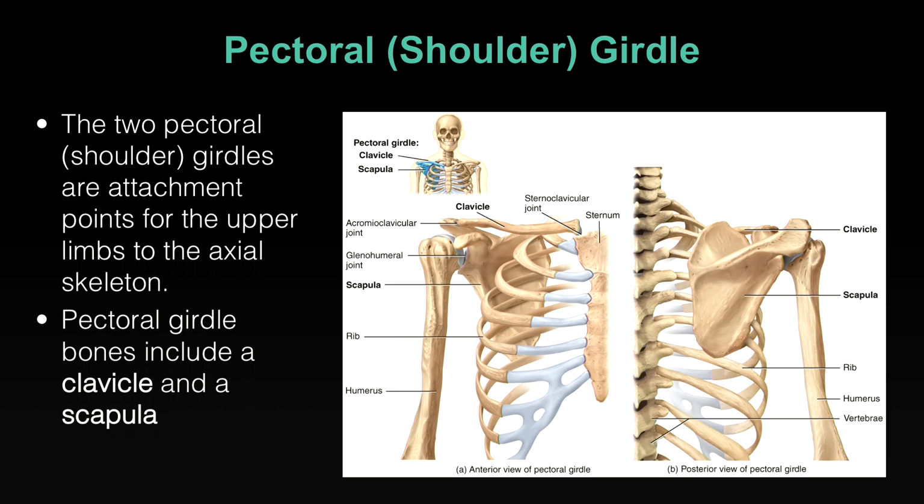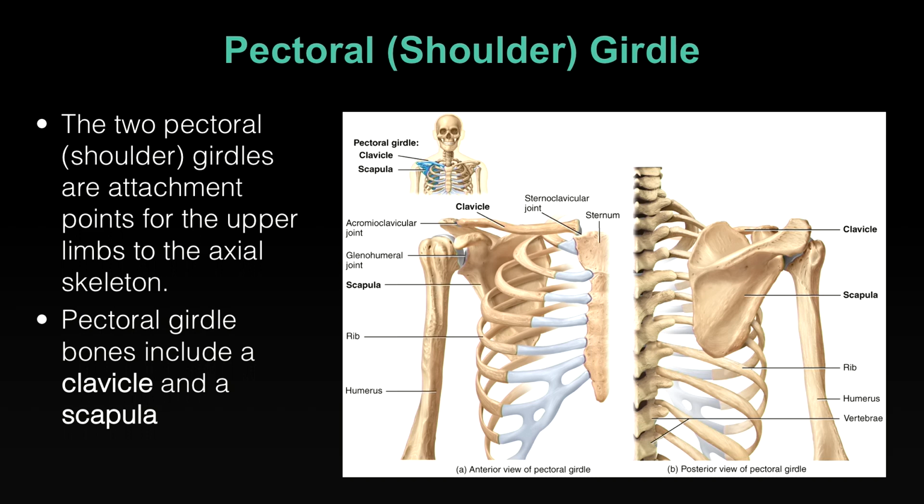So we've already spent a little bit of time. We've talked about this articulation, the sternoclavicular joint. You've palpated that as you move your shoulder up and down. You can feel the clavicle articulating with the manubrium. And it articulates here at this superior lateral border. And that is the only point of contact.